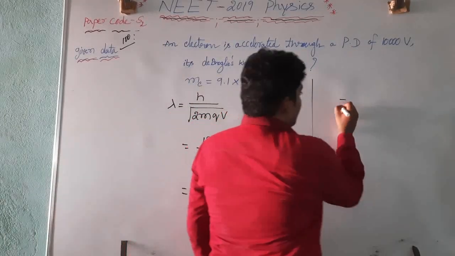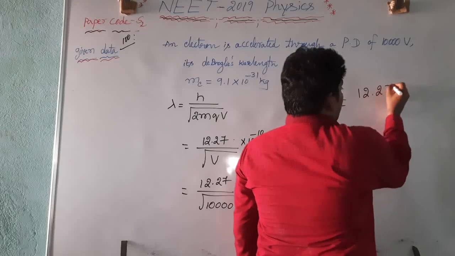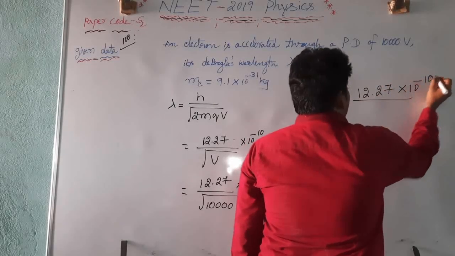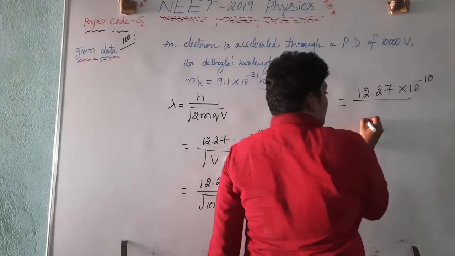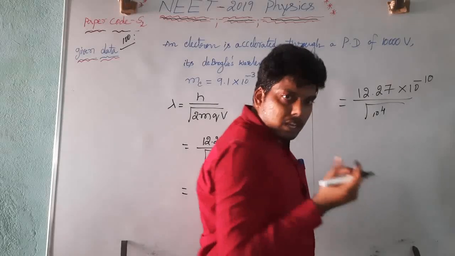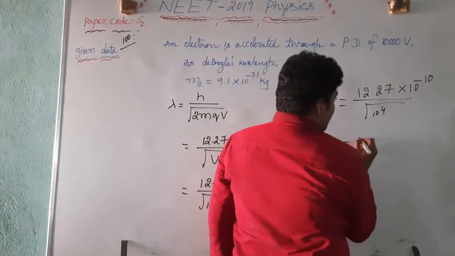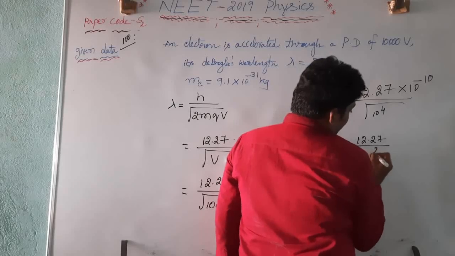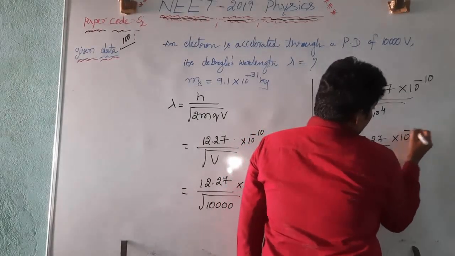Now you can make 12.27 into 10 to the power minus 10 divided by 10 to the power 4 whole to the power 1 by 2. You can make this 12.27 divided by 10 to the power 2, into 10 to the power minus 10.